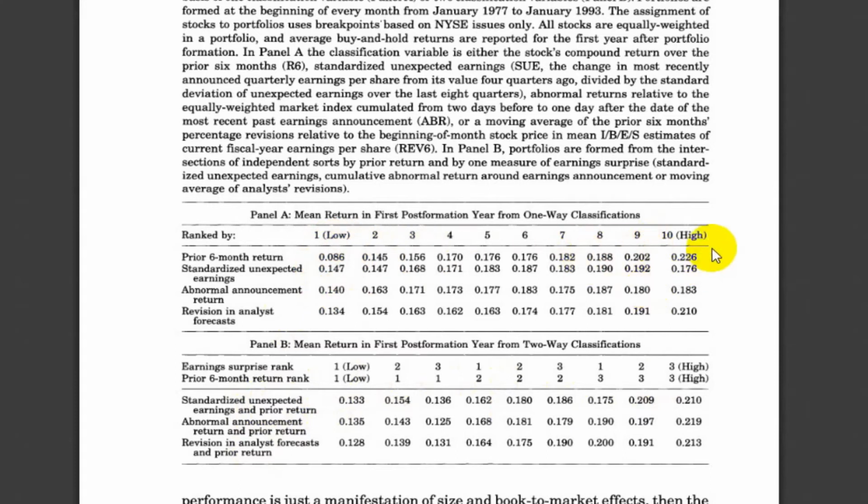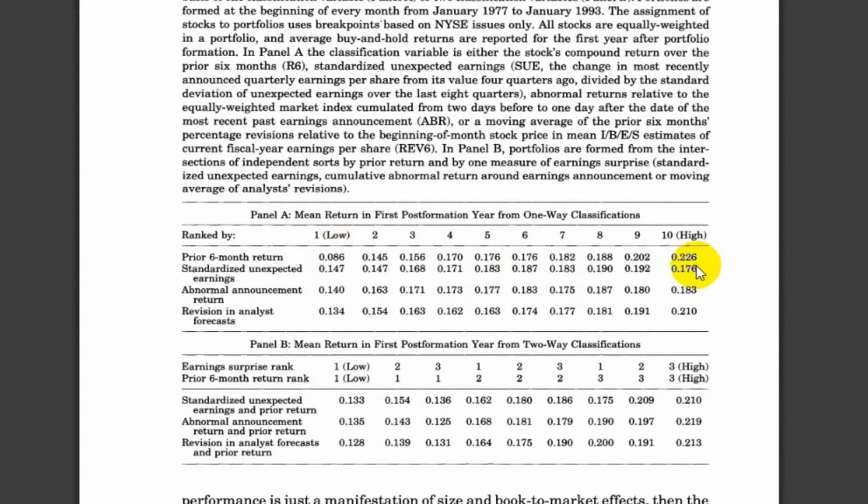And it's interesting to see that even though these stocks are the largest on the exchange and should have the most public and accessible information, we still see a difference in the top ranked portfolios and the lowest ranked portfolios. And the difference here is about 14% between the top and the bottom using the prior 6-month return. And that's about the same as was seen in the prior table, I think table 2, where all of the stocks were used and not just the largest.